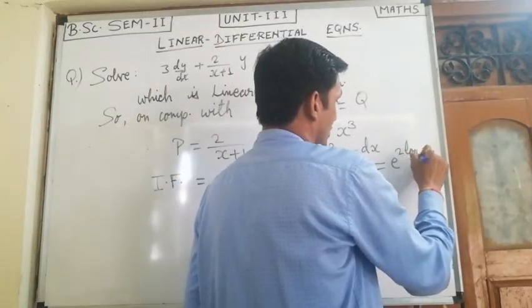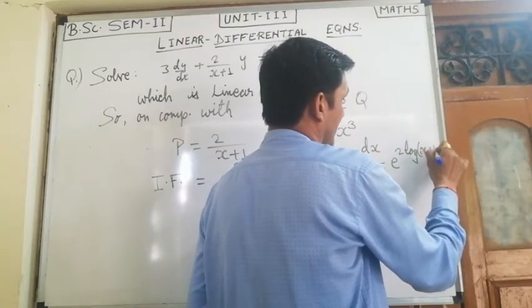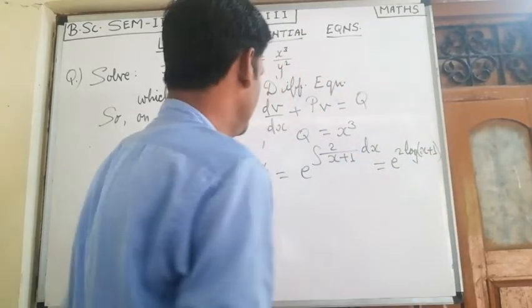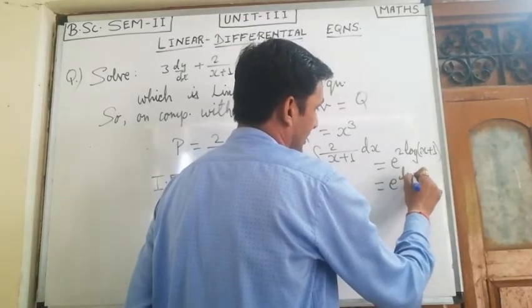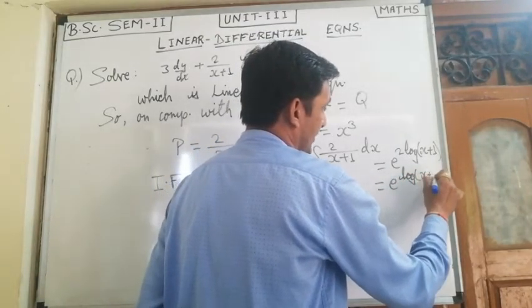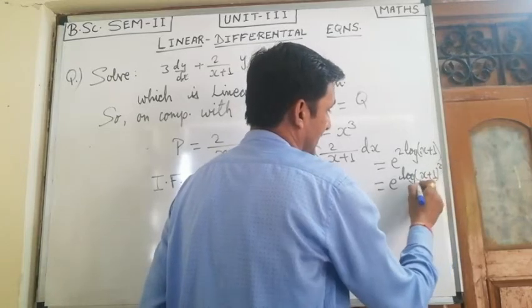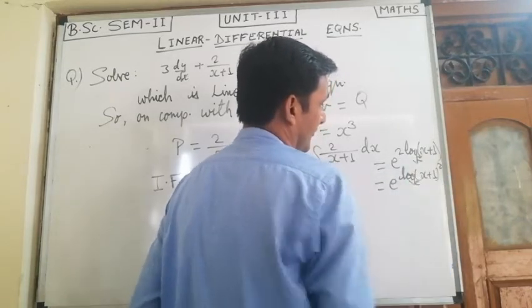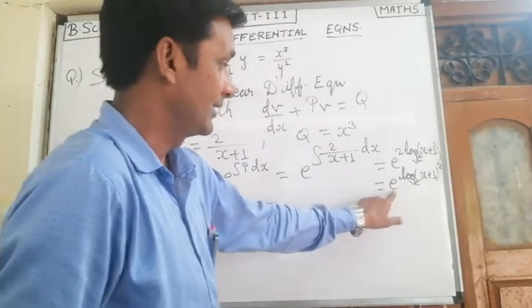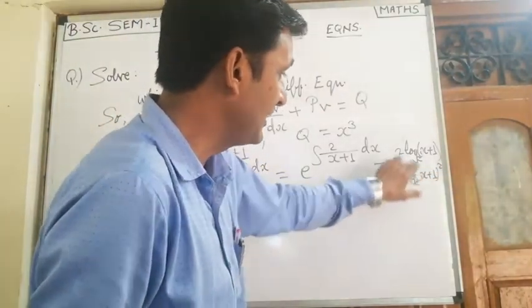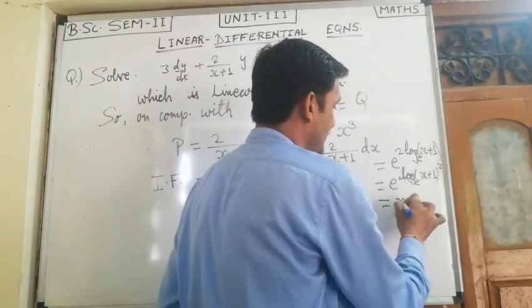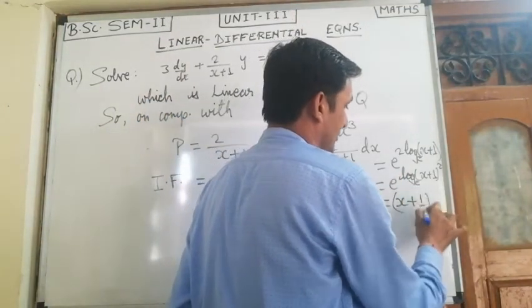So 2 log x plus 1. Now if we want to solve it, then it will be in the form of e raised to the power log x plus 1 whole square. Here base e, which is understood. So e raised to the power log of something, then this complete will be eliminated. The part is x plus 1 whole square.